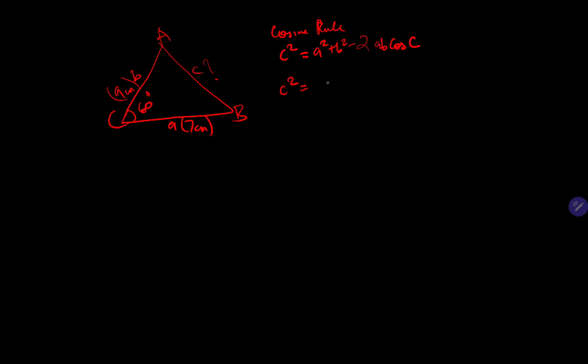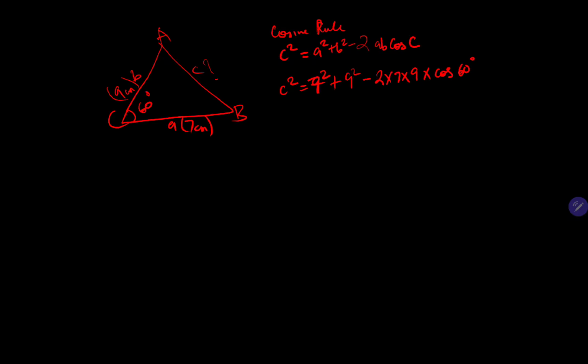So we now have c squared is equal to a squared, sorry, a here is 7 centimeters and b is 9 centimeters, so 7 squared plus 9 squared minus 2 times a, which is 7, times b, 9, times cos C, which is 60 degrees.